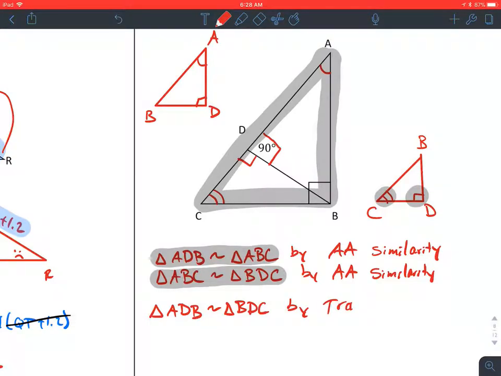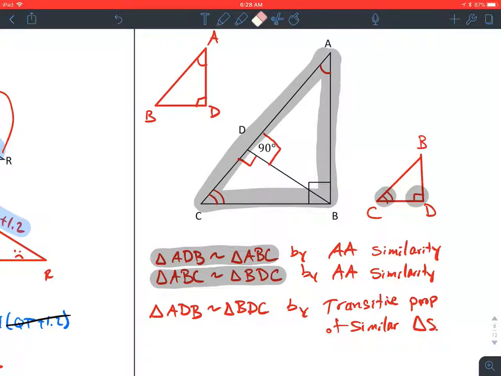That is by the transitive property of similar triangles. You could also say because similarity of triangles is transitive.